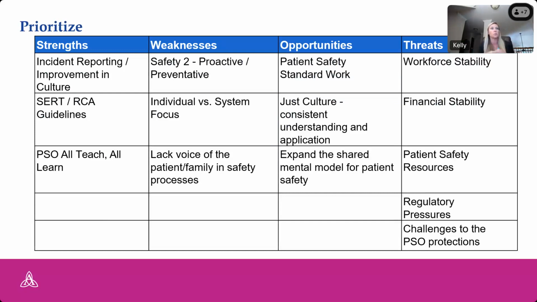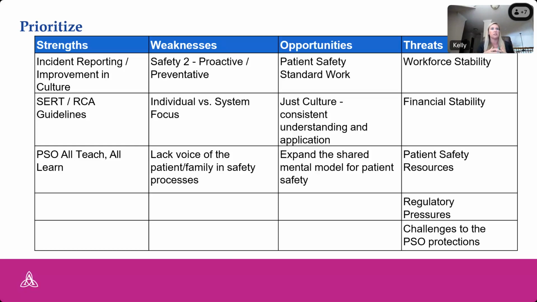So we know that those are being done in a structured manner. And then we utilize the Ascension Health Patient Safety Organization in many, many ways around all teach, all learn, sharing lessons learned, really truly being that learning system across our organization.